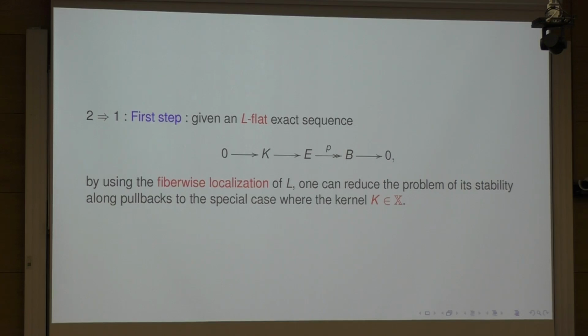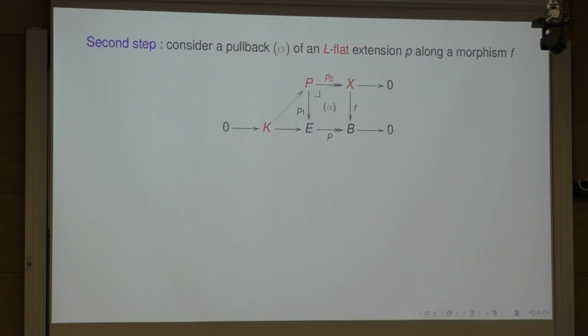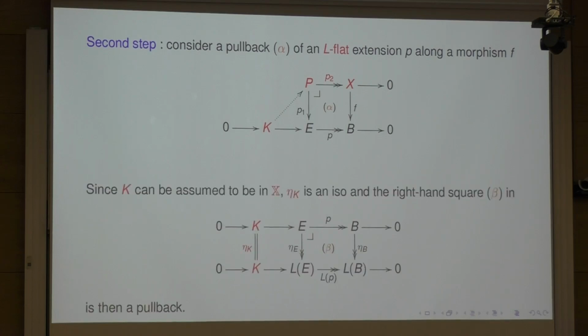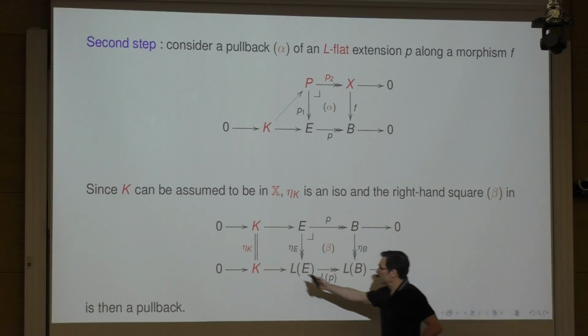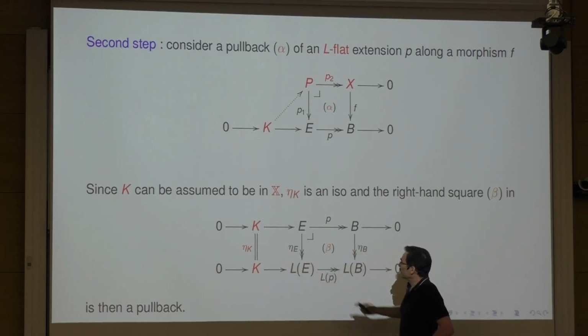Given an L-flat exact sequence, by using this fiberwise localization of L, one can reduce the problem to the special case where the kernel of the extension actually lies in the subcategory X of C. Then, in the second step, one considers a pullback alpha of an L-flat extension along any morphism F. So, by the first step, we know that K can be assumed to be in the subcategory X. So the eta K here will be just an isomorphism. And again, by Bourn's result, we deduce that this is a pullback.